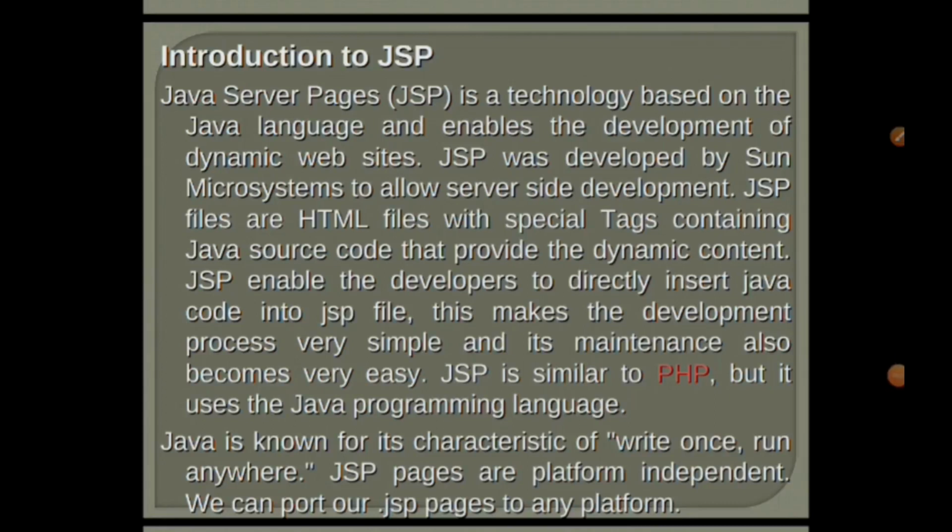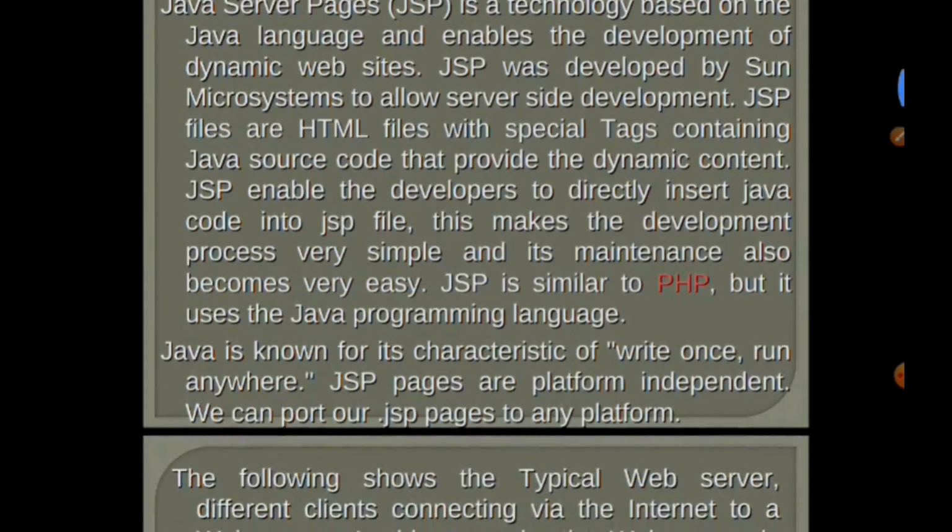So we discussed that JSP is a combination of HTML and Java code. JSP is a technology for developing dynamic websites based on the Java language. JSP is very helpful to developers for making dynamic websites.